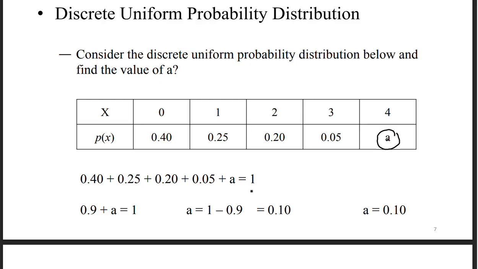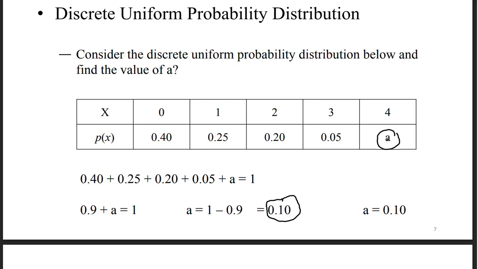Therefore, using the complement rule, the sum of these is 0.9, so 0.9 plus A equals 1. Therefore, A is equal to 1 minus 0.9, which is 0.10.